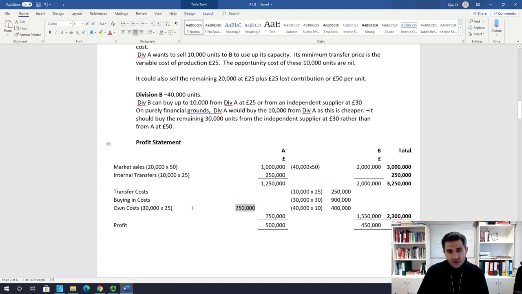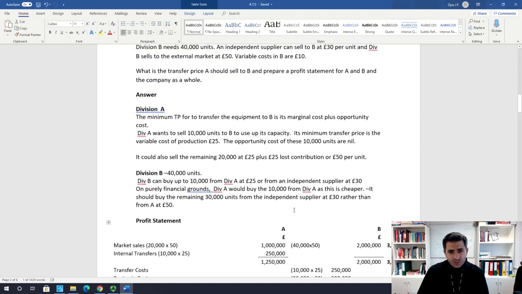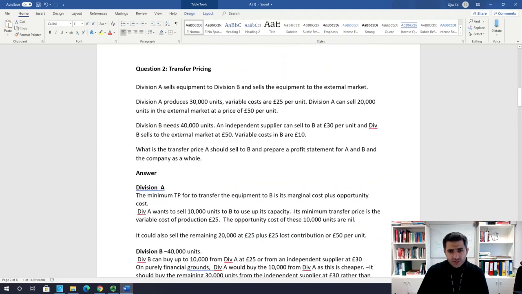The total units times variable cost, 25 pound. For B, it's absolutely the same. For their own cost, 400,000, which is 40,000 units times their own variable cost, 10 pound. They make the finished product and sell it to the external market.